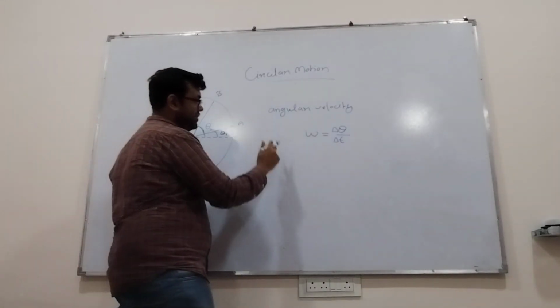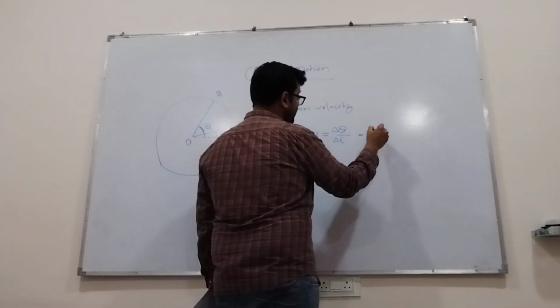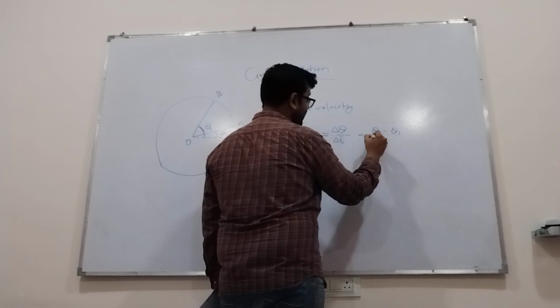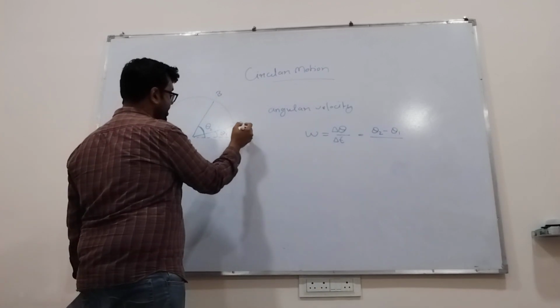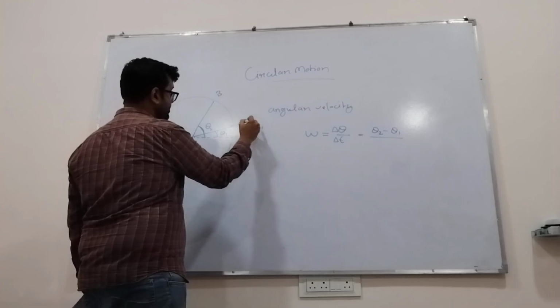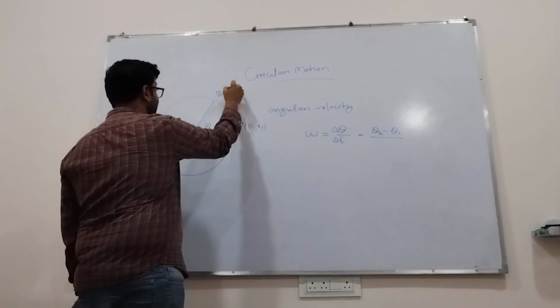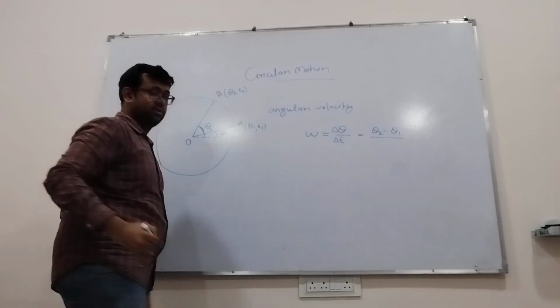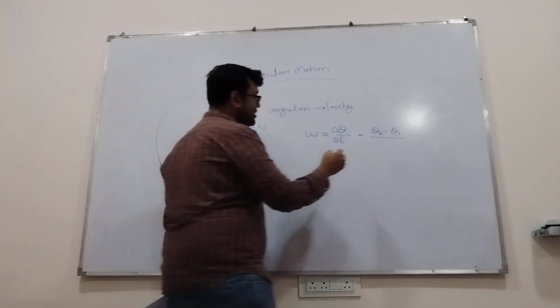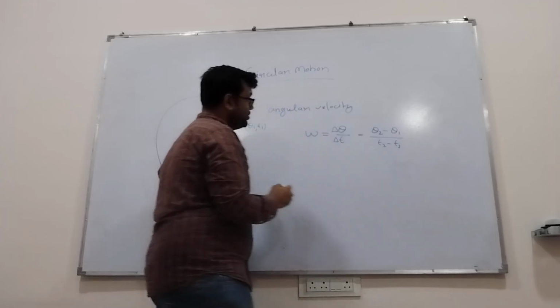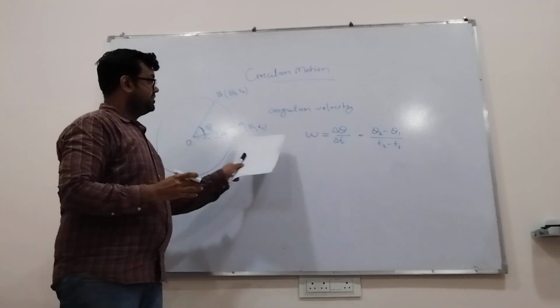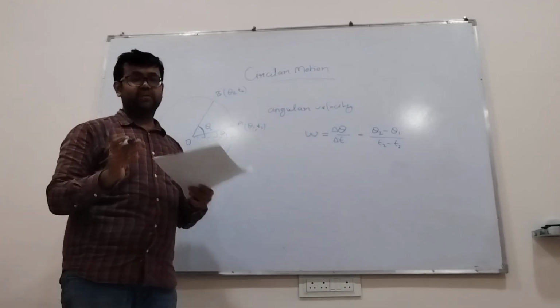So that angular velocity becomes theta 2 minus theta 1, and suppose the time was t1 when the point is here, and the time was t2 when the point is on location B. So here it will come as t2 minus t1. So this angular velocity is nothing but the average angular velocity.